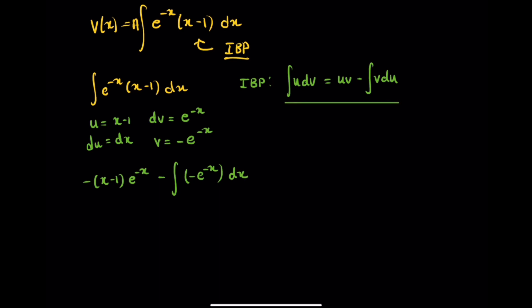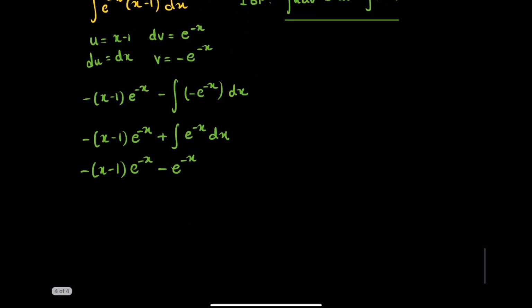I apologize. So minus (x minus 1) e to the minus x plus the integral of e to the minus x dx. And this integral is minus e to the minus x once it's evaluated. And then I'm just going to bring this term down. If we expand this left term, we get x e to the minus x plus e to the minus x minus e to the minus x.